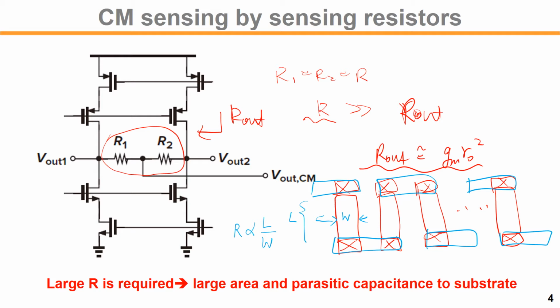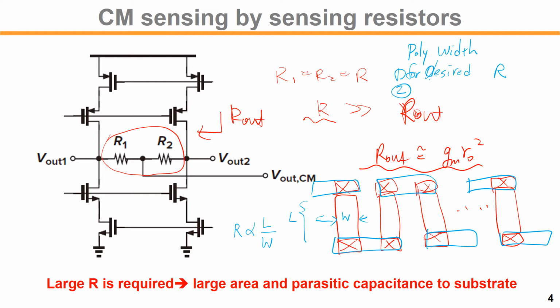The poly width must be determined by the desired R, so design the W for the desired R.